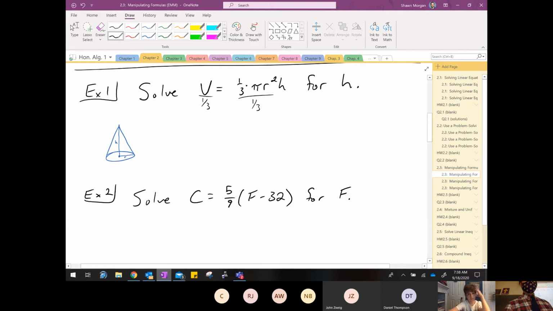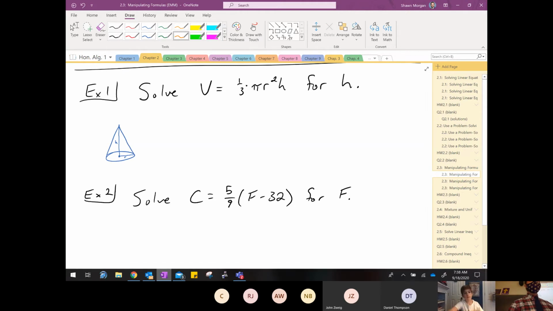Now, dividing by a fraction is the same thing as multiplying by the reciprocal. Good. And to kick it back to James now, James, what's the reciprocal of 1/3? Three over 1. Very good. So in other words, if I've got 1/3 as a coefficient, technically what we're doing is dividing both sides by 1/3.